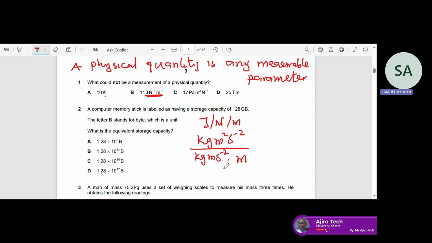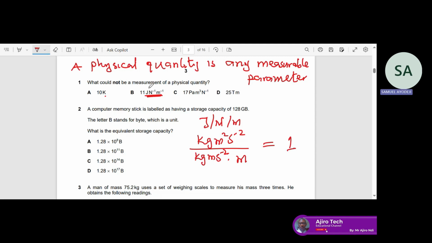If you do that, the kilograms cancel out, and you're left with only s to the power minus two.